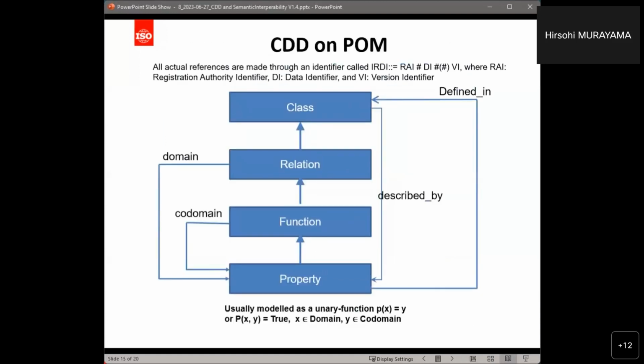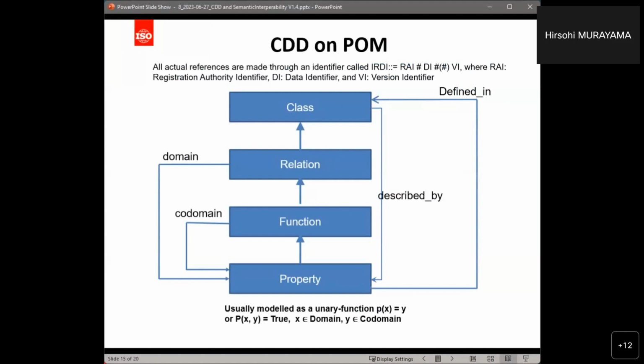Okay, this is an approximate view of the concept in the 6265 part 1 standard. Everything is a class. Concept is a class, and class is a concept. And there are so many relations in ontologies, but relation itself is a class.